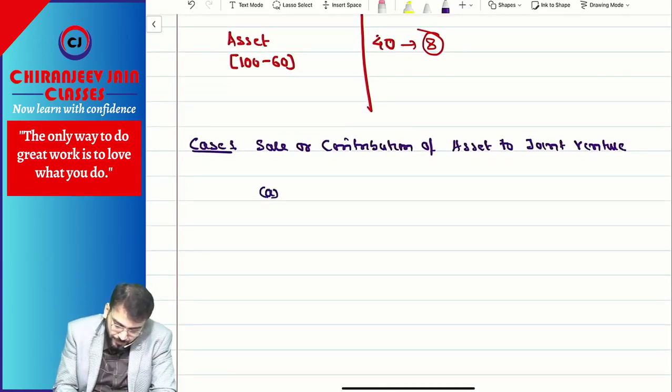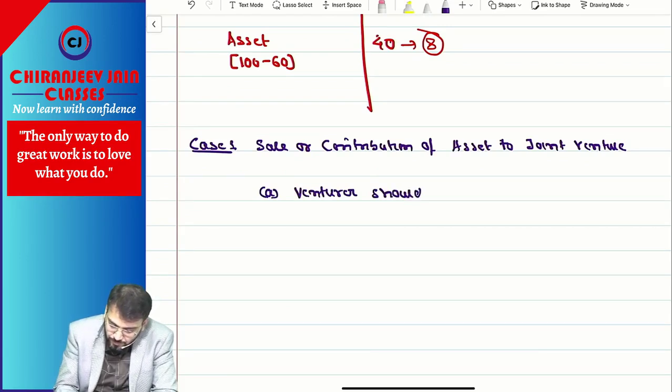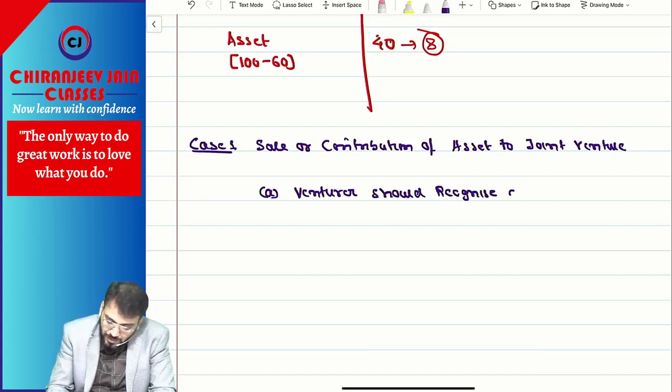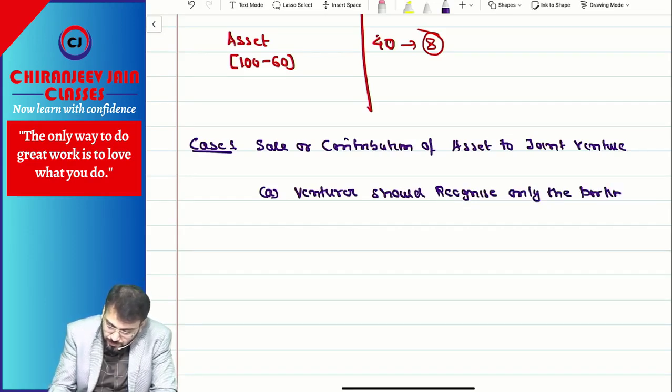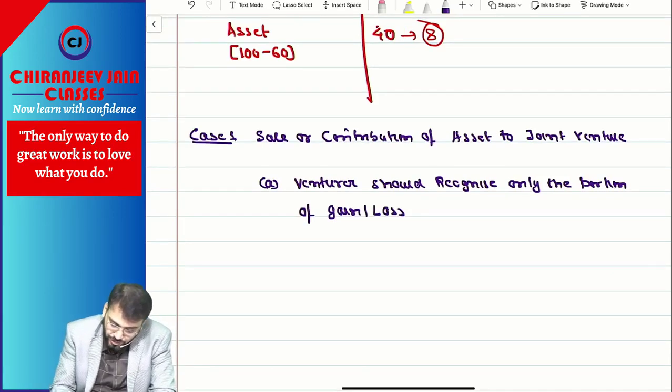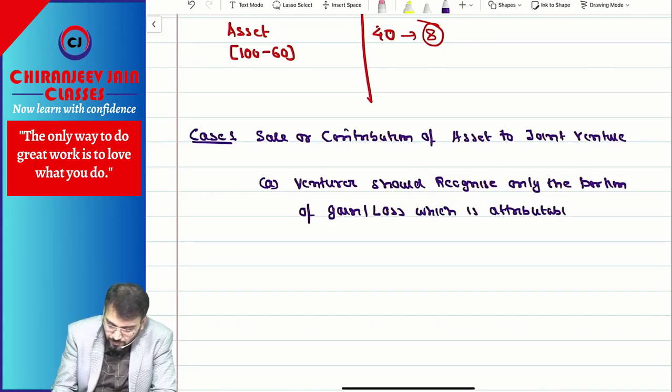Point number A. Venturer should recognize only the portion of gain or loss which is attributable to other venturer.